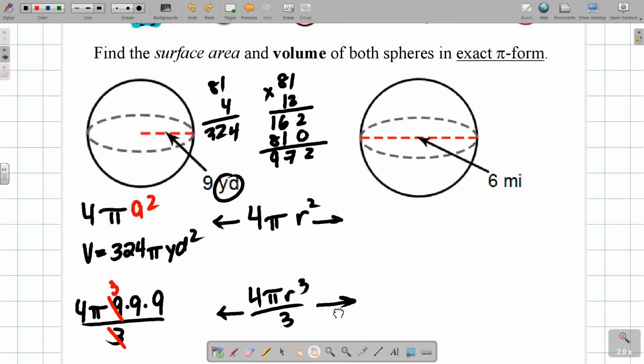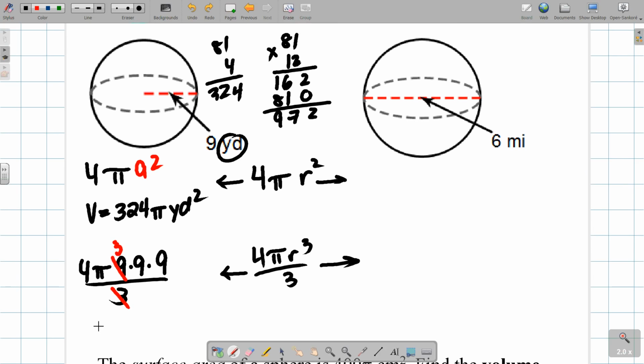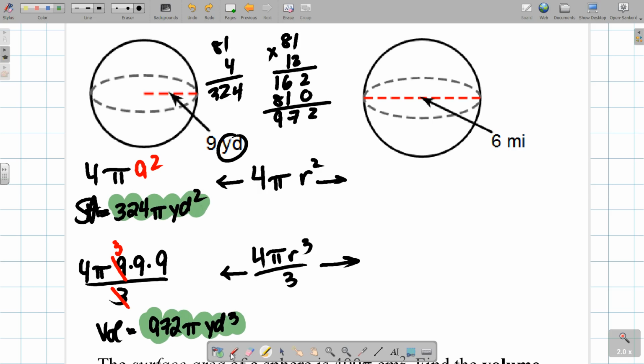And my final answer here, that was surface area up there, volume equals 972 pi yards cubed. Here, exact same thing, but you should have realized that your radius was 3 this time. So this is 4 pi 3 squared. And this is going to be 36 pi meters squared.